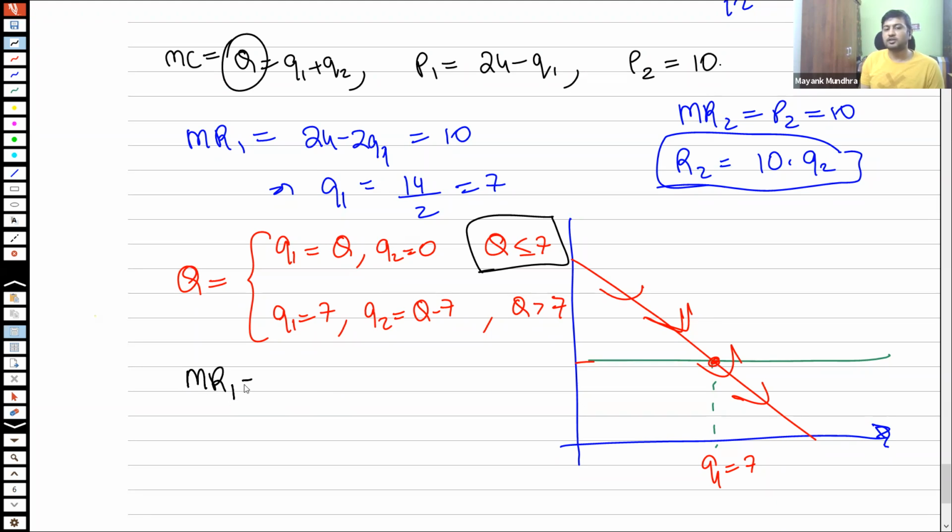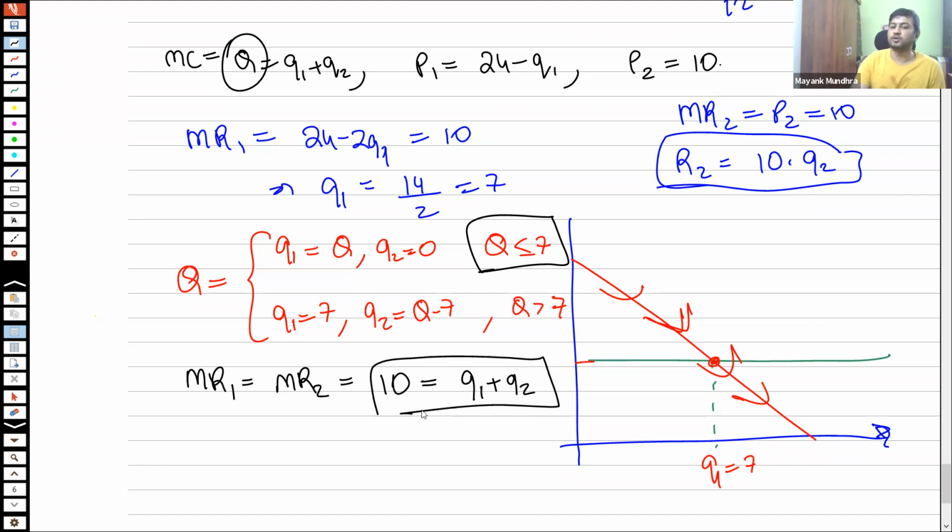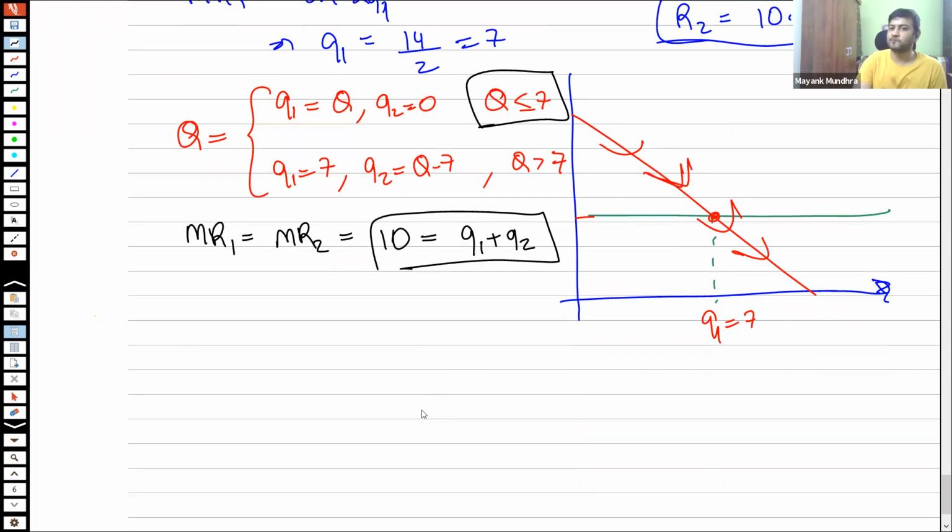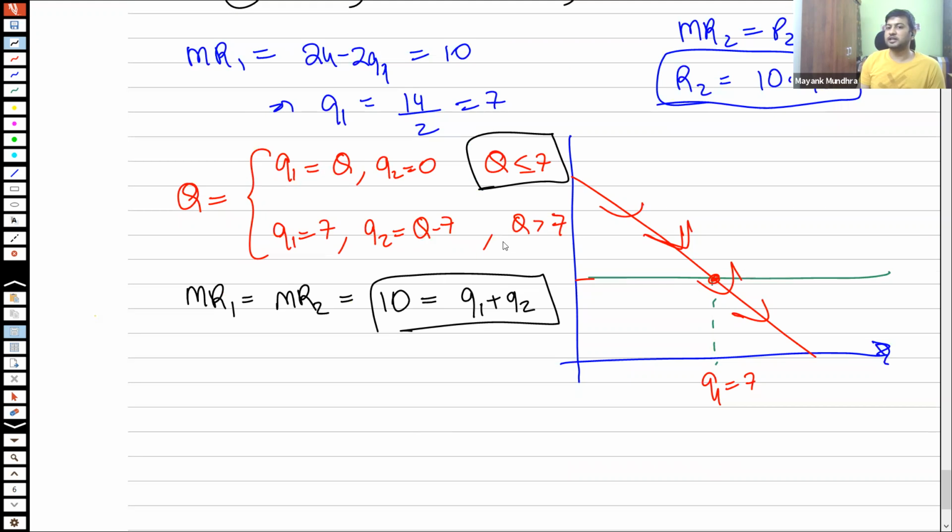Marginal revenue in market 1 at Q equal to 7 becomes equal to marginal revenue in market 2, which is equal to 10. And if I equate it to Q1 plus Q2, what I get is Q1 plus Q2 must be equal to 10. So total quantity supplied is definitely greater than 7.